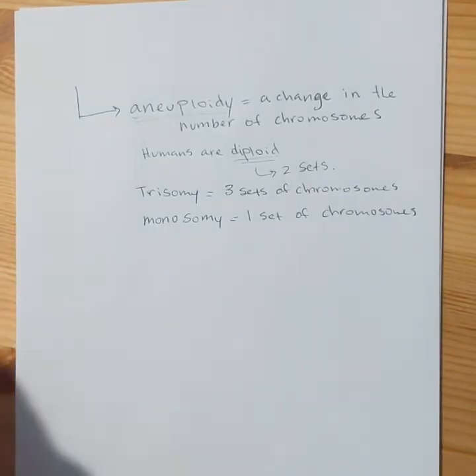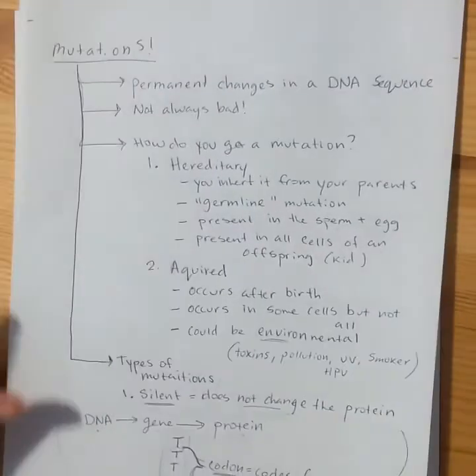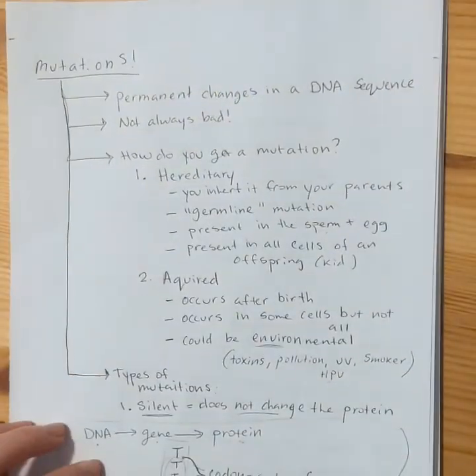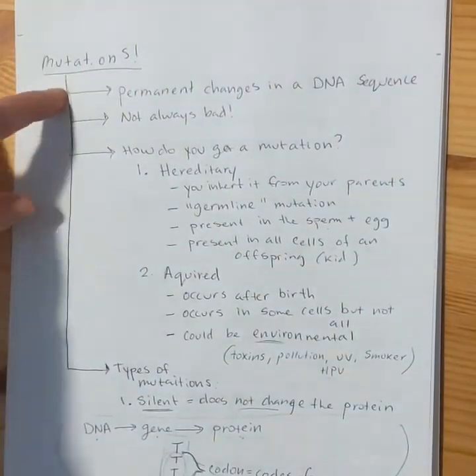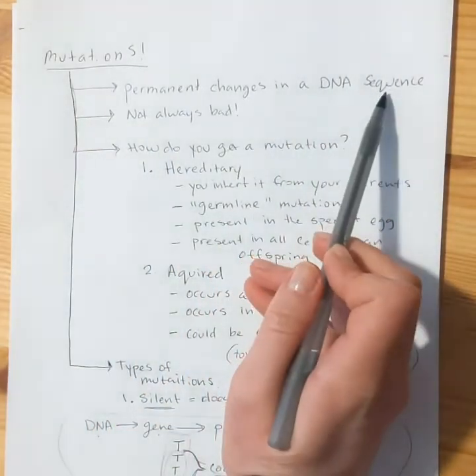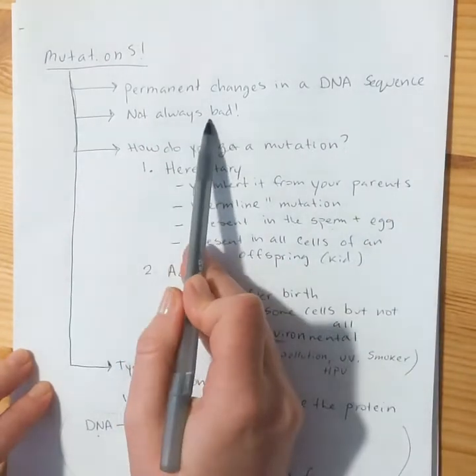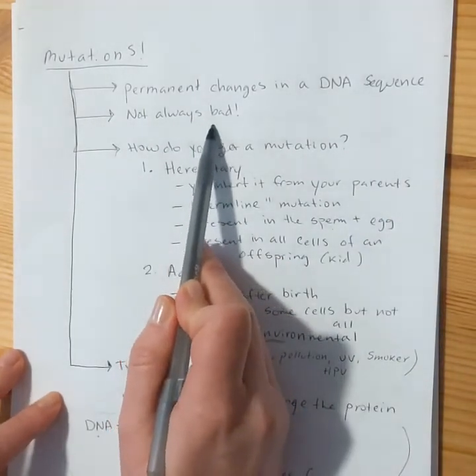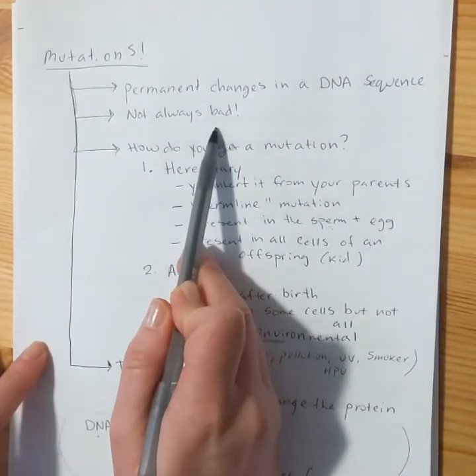Let's do a little bit of review. We started identifying what mutations were. So mutations are permanent changes in the DNA sequence. They're not always bad, even though we kind of talk about them like they're bad.